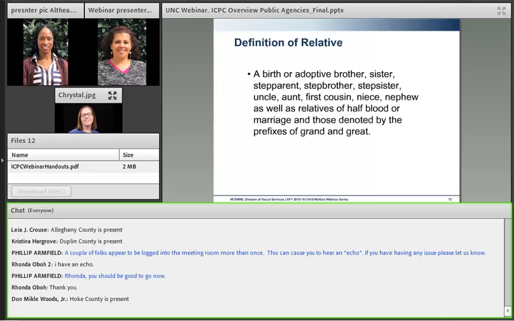It's very important to understand this, because when you're sending a request, if it doesn't meet the criteria of relative, then you cannot send it as a relative request. You do have the option to send a request as a foster care study if it doesn't meet the definition of a relative requirement.